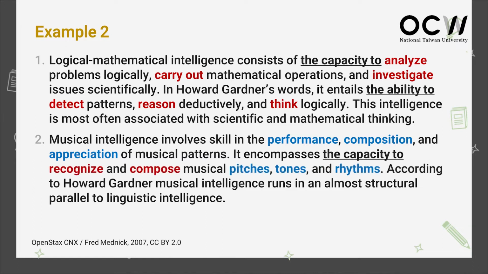Then, when it talks about the capacity of doing something, it needs to recognize and compose the different factors that involve musical pitch, tone, and rhythm. All three of which, pitch, tone, and rhythm, are musical elements. And so in this particular paragraph, it uses little clusters of information from individual fields, as well as individual categories or groups, to explain what musical intelligence is.